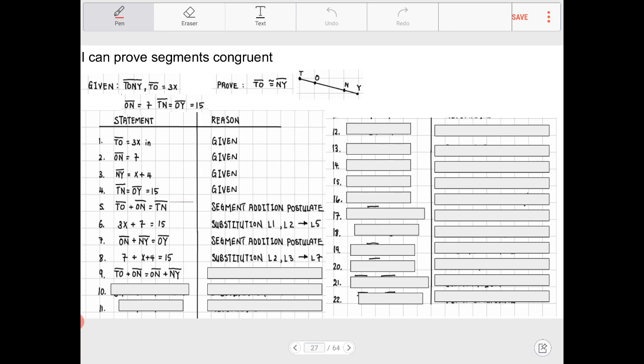So again, I know that TN is equal to OY, and TN can be expressed with TO plus ON, and OY can be expressed with ON plus NY, so therefore I can make those substitutions down here. So this is true because I am taking lines 6 and 8, 5 and 7, and substituting it into line 4.